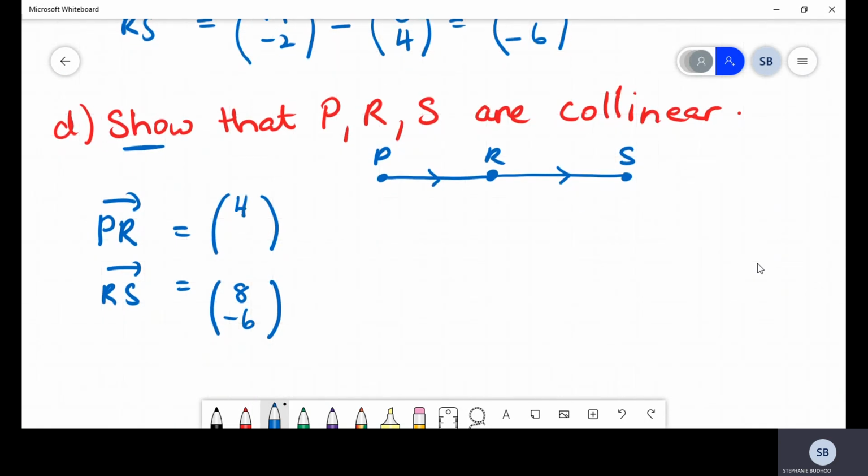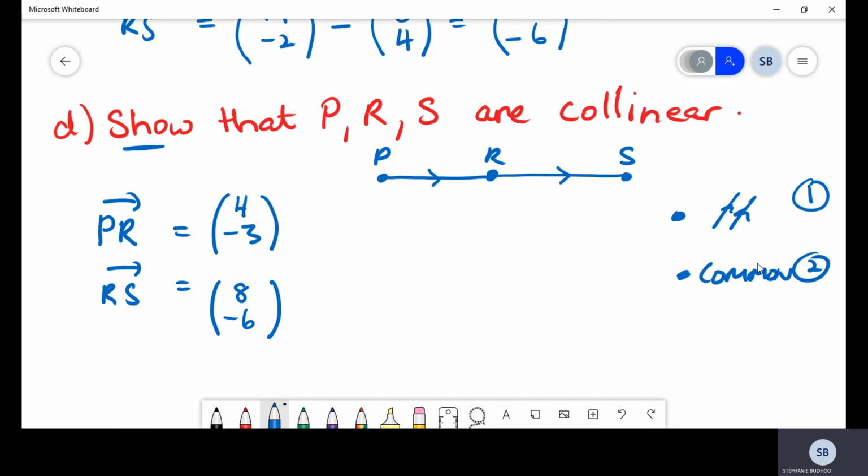So we have already developed two vectors that lie on our straight line. Now let's start reducing these vectors to check to see if they are parallel to each other. Because remember, our conditions for collinearity are 1, they must be parallel, and 2, they must contain a common letter.